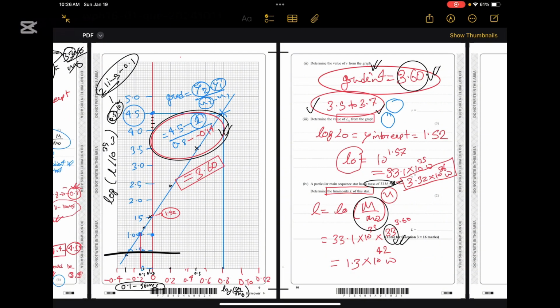So draw it that way and try to figure out whether your gradient value matches with the mark scheme one, which ranges from 3.5 to 3.7. And don't only look at my video, try to do this graph by yourself as well, otherwise it will be very difficult for you to do it on the exam day. So it's better to practice before the exam day.